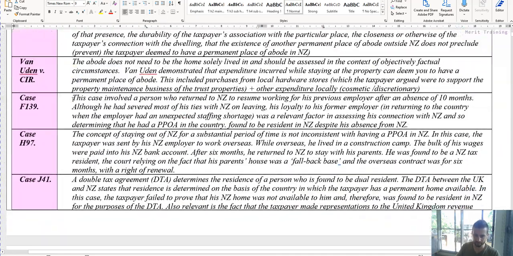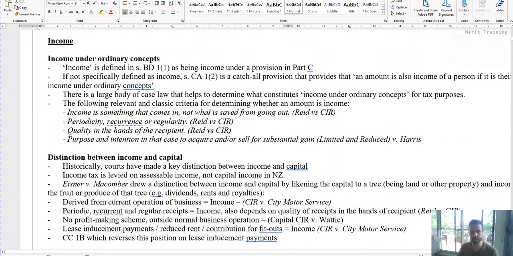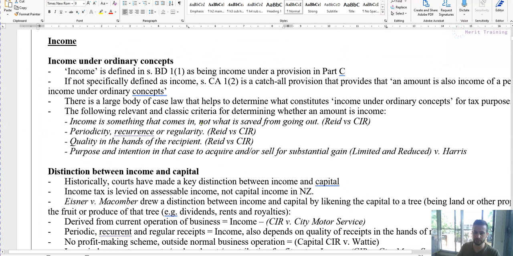And that is super important in New Zealand, especially because New Zealand doesn't have capital gains tax. Most countries around the world have capital gains tax, and you might be asking, what is capital gains tax? Well, speaking for example in Australia, Australia used to be like New Zealand, there was no capital gains tax, and you'd only be assessed on your income.